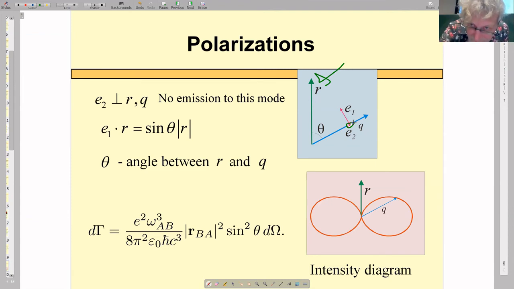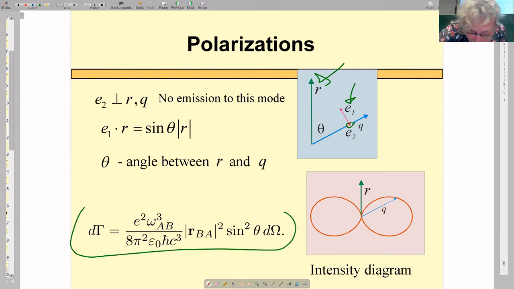And another vector is perpendicular. Fine. So with this, we can figure out what is the distribution of radiation as a function of direction of emission. Strange enough, but well, it is strange.